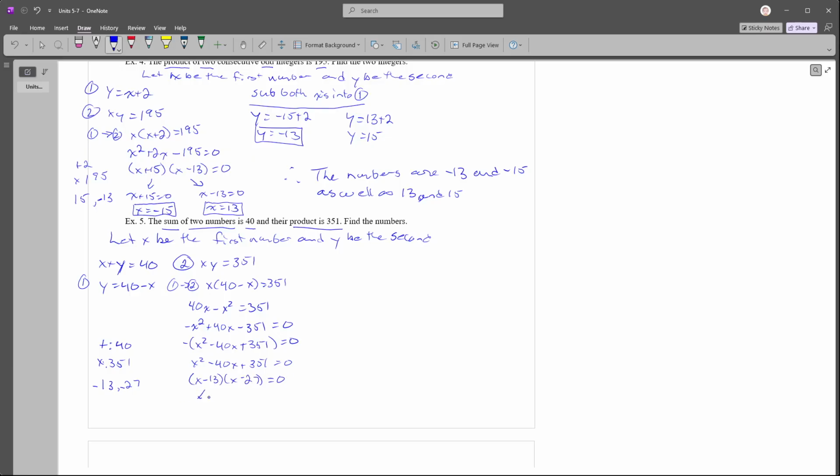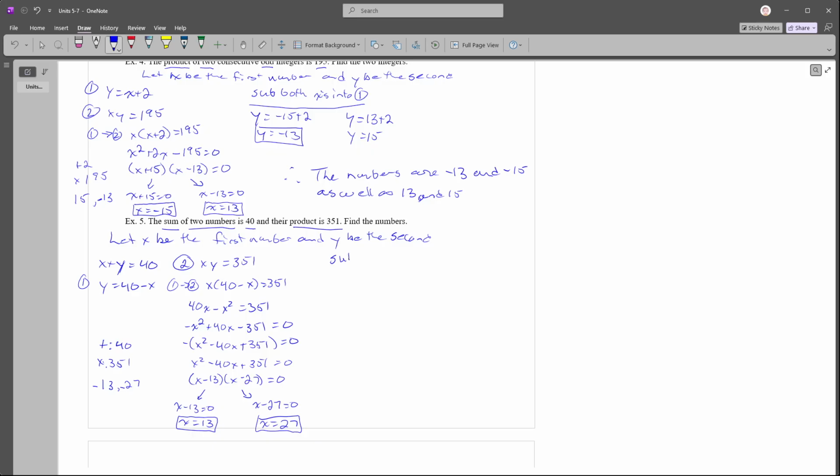Just like before, we have to calculate both possibilities. So x minus 13 is equal to 0. x is going to be equal to exactly 13. Over here we have x minus 27 is equal to 0, which means x is equal to exactly 27. So in this situation we've calculated x, but we still need y. So we have to substitute these numbers in.